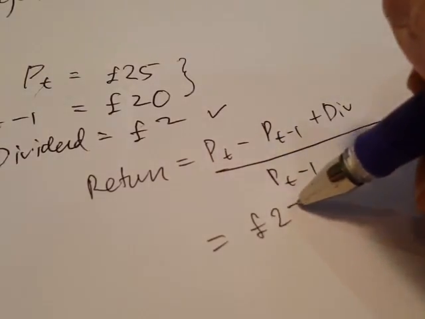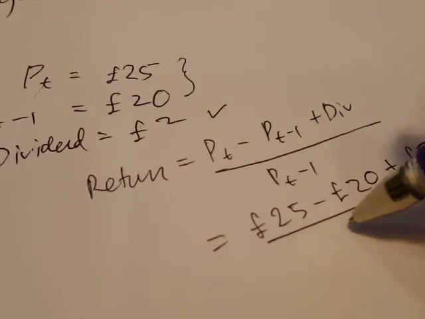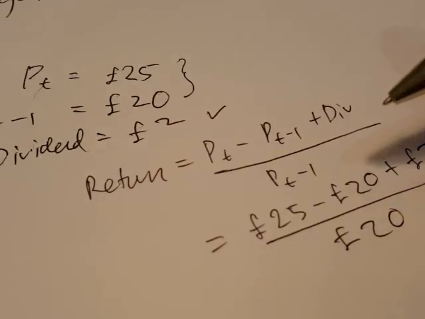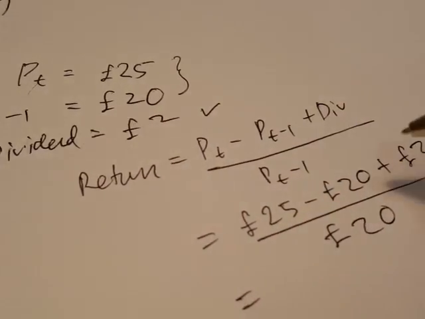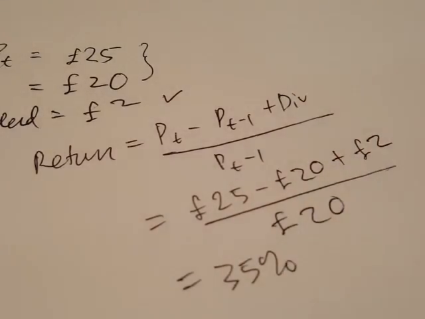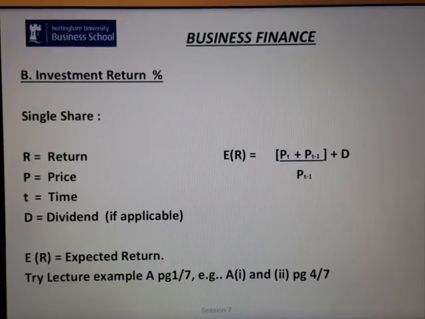So it will be 25 less 20 plus 2 over 20, and you should get 35%. So let's go back to the slides where I've shown you how to generate the return from this formula.